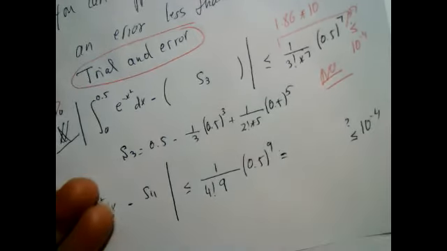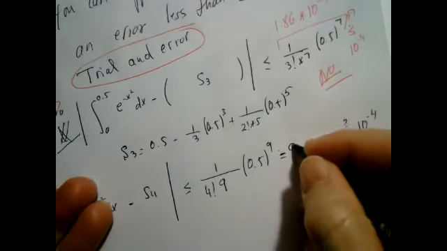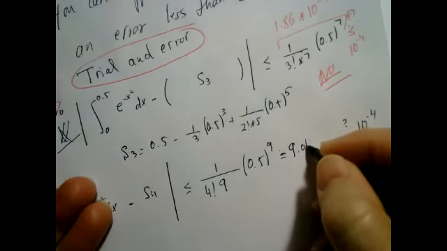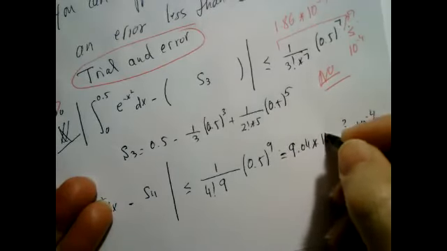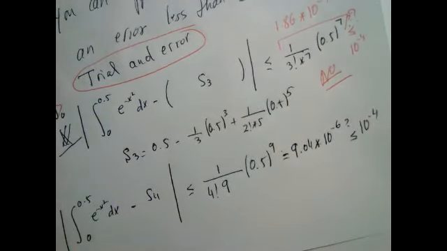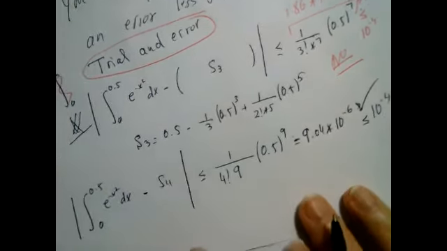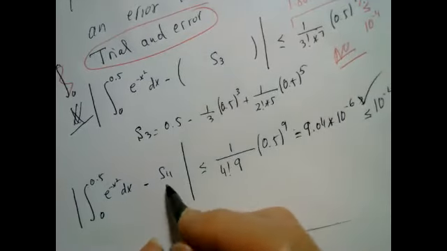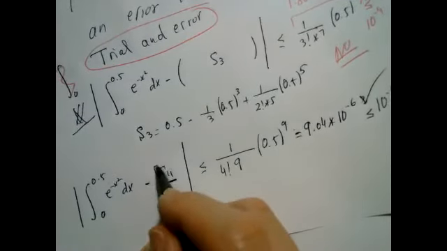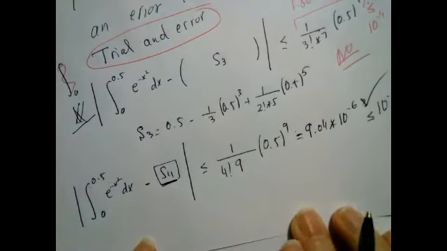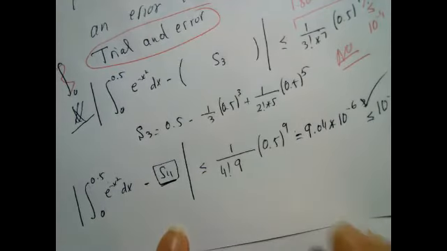Okay, I'm getting almost 9.04 times 10 to the minus 6. It means this is definitely less than 10 to the minus 4. So which means that I can use the sum of the first 4 terms to estimate the integral with a very, very tiny error.